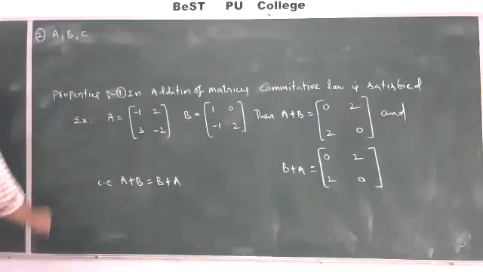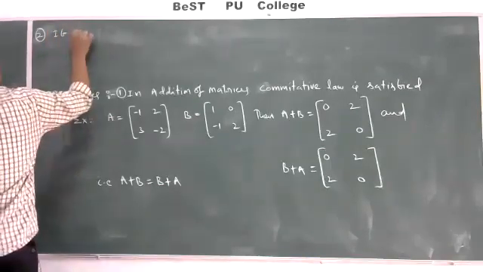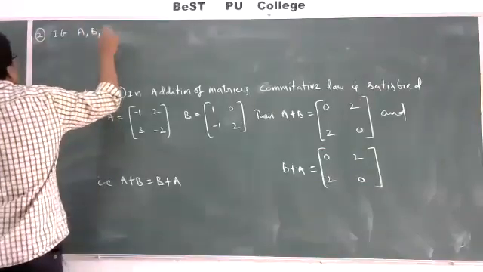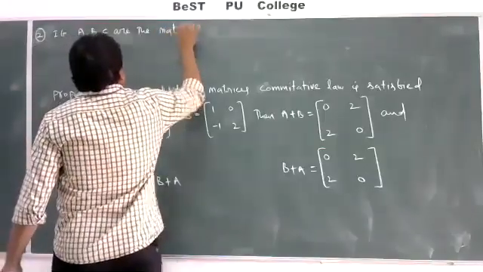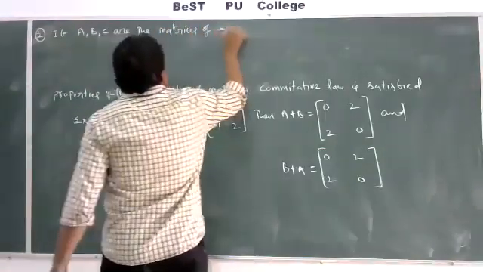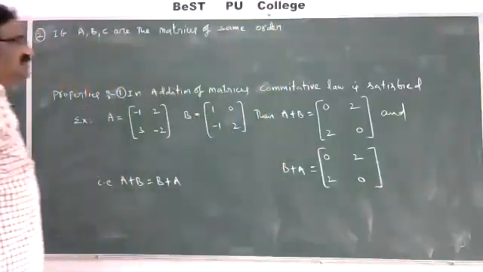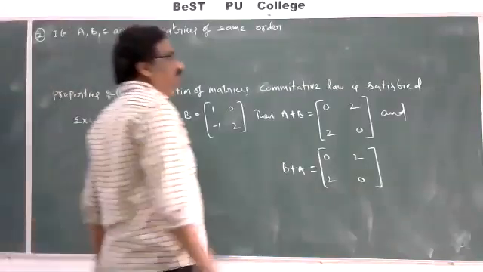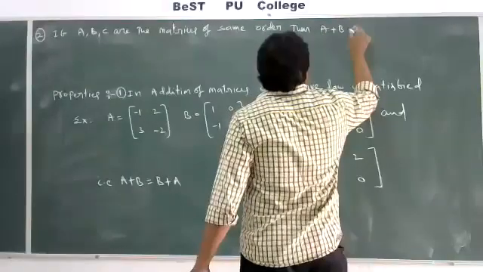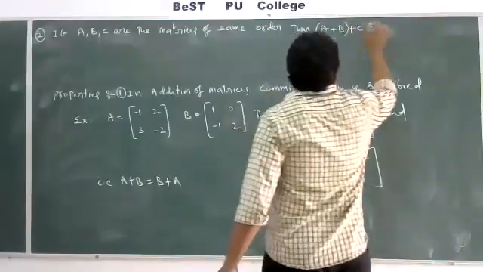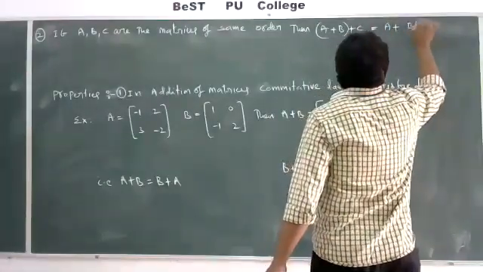If A, B, C are matrices of the same order, then (A plus B) plus C is equal to A plus (B plus C).